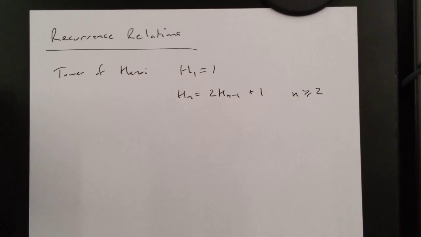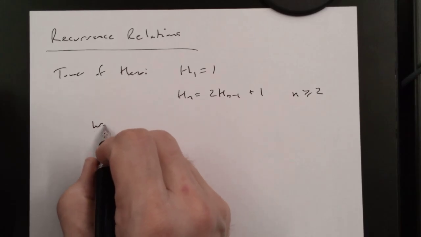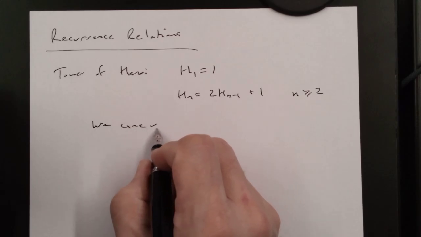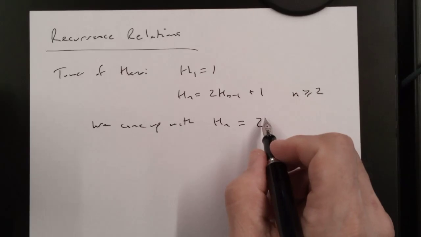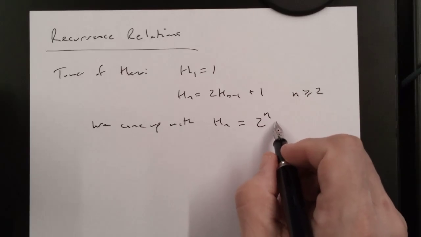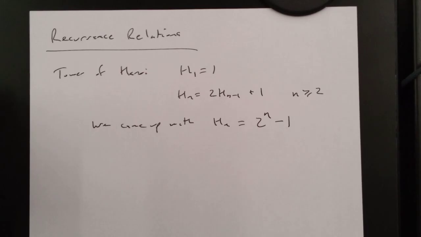And we were able to show H_n was 2 to the n minus 1, I believe, when all was said and done.